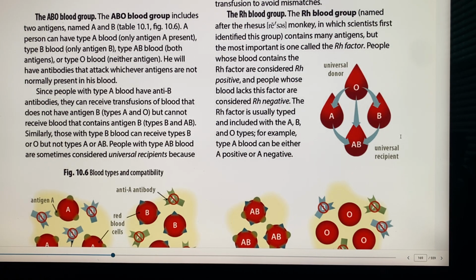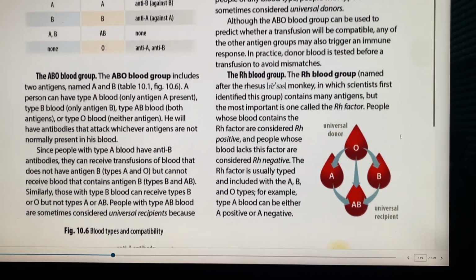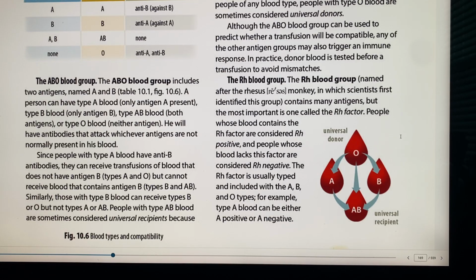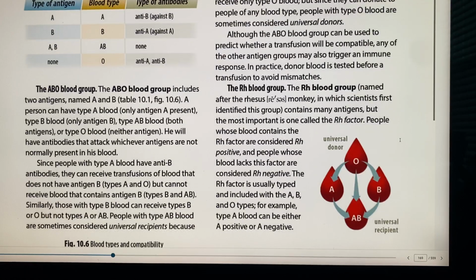But then we have another factor to consider when we're cross-matching blood with someone to see if they can have a blood donation. It's called the RH blood group. An RH group is either positive or negative. It's named after the rhesus monkey, where they first did tests to figure out what this RH factor was.